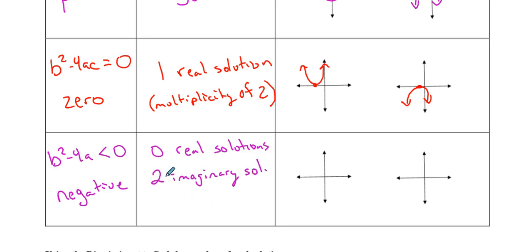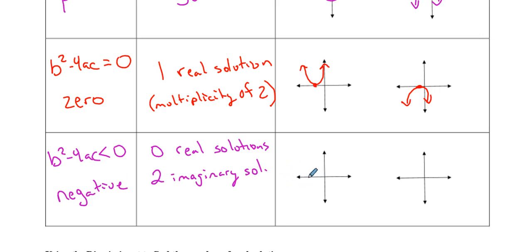So, two imaginary solutions, that's kind of what you need to know at this point, right? We'll get into what an imaginary solution is in a future class, and that involves the number i. But again, all of that will be explained later. For right now, all you need to know is that when b squared minus 4ac is less than 0, you will have a negative discriminant, which will mean you have two imaginary solutions.